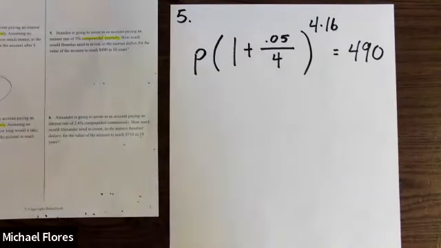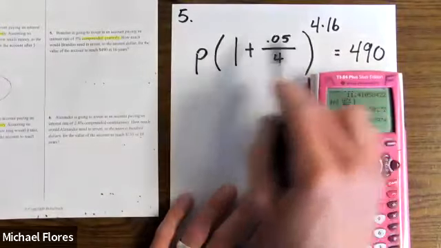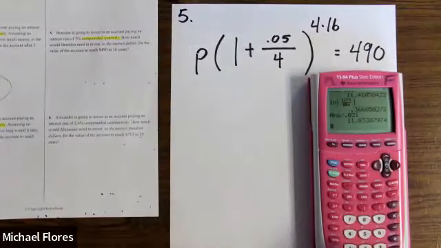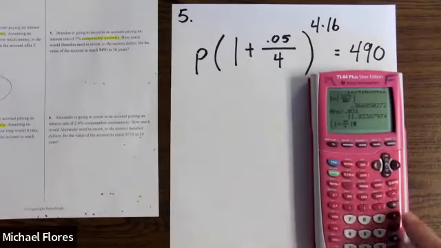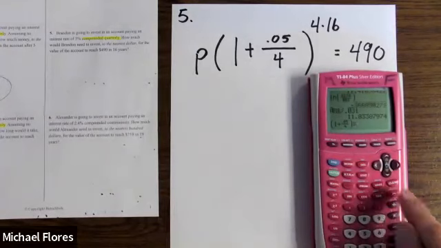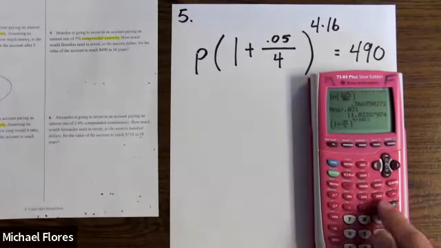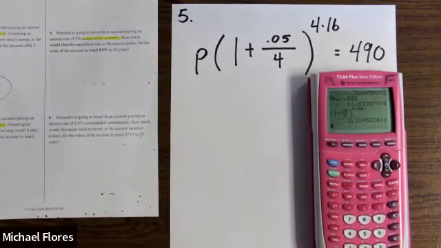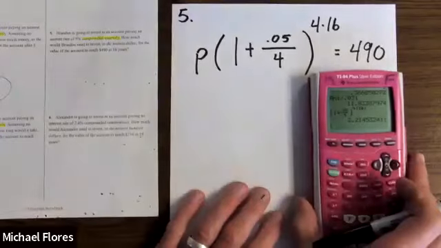Here's what you're going to want to do first. Let's go ahead and simplify the parentheses and the exponent. So I'm going to plug that into my calculator. And we get this number, 2.21 something.